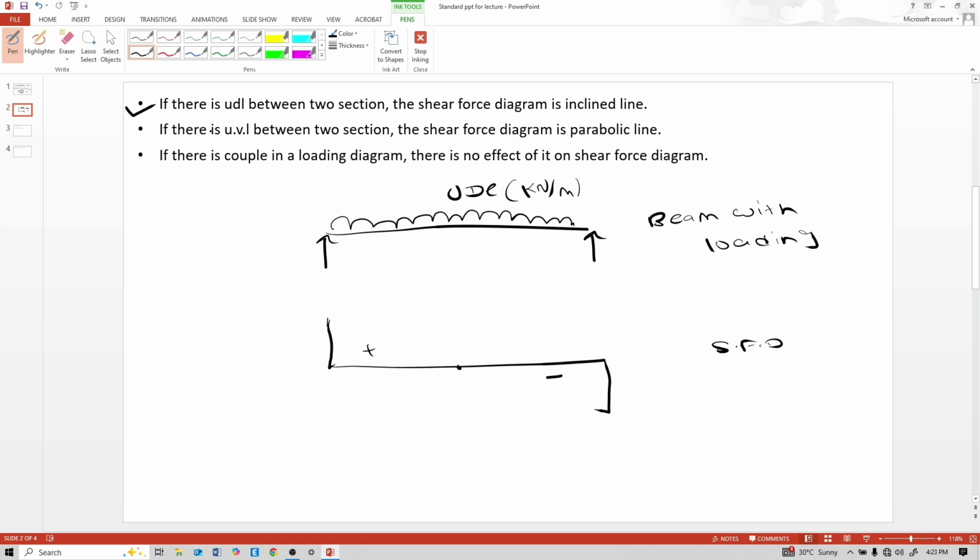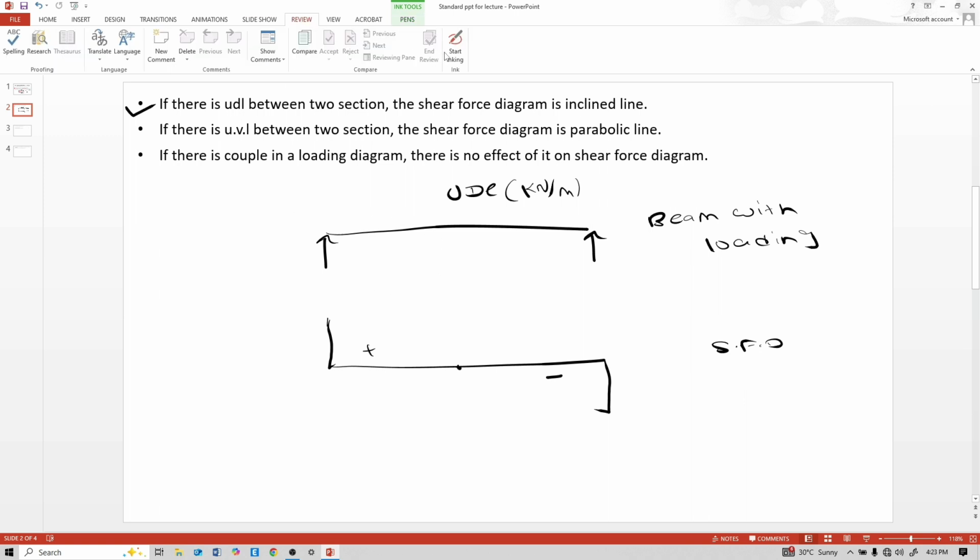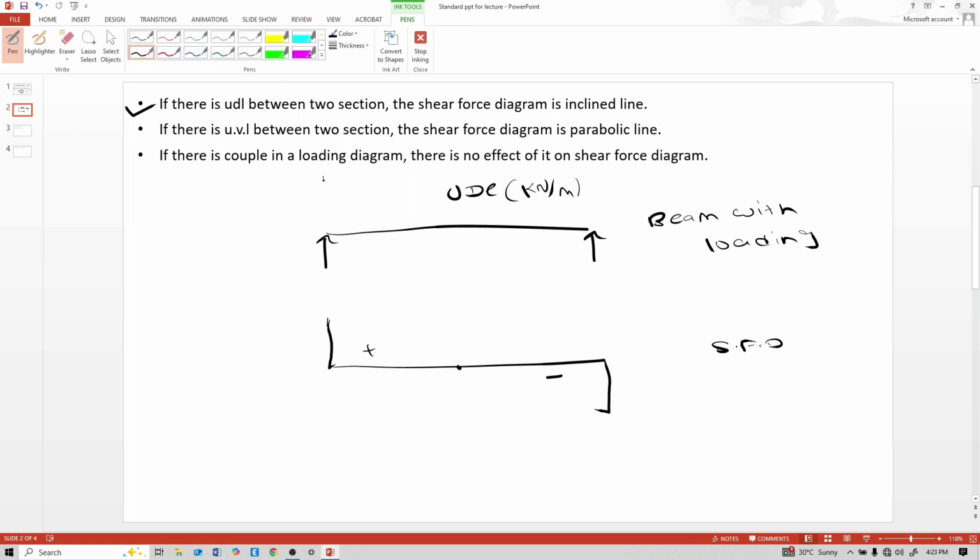Now the next bullet point is, if there is a uniformly varying load between two sections, the shear force diagram is a parabolic line. See, uniformly varying load, that means like this.